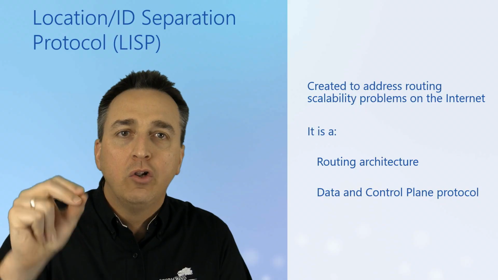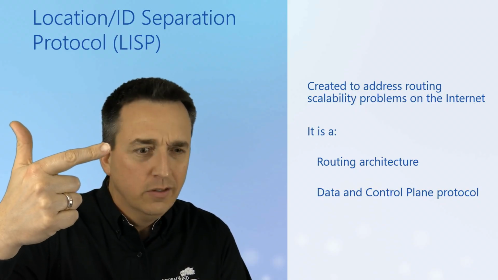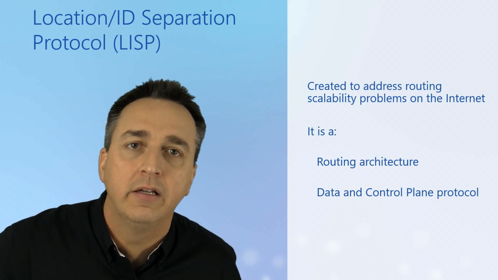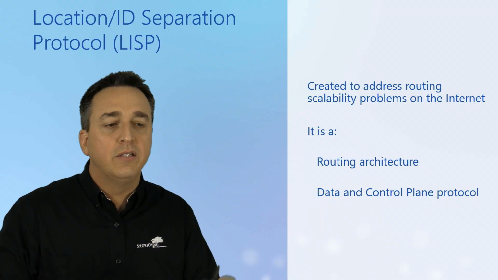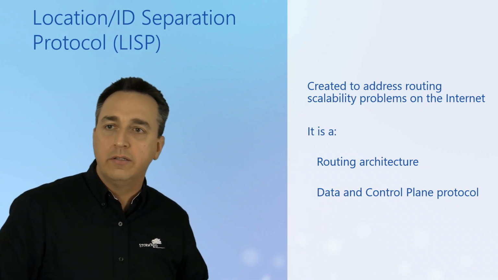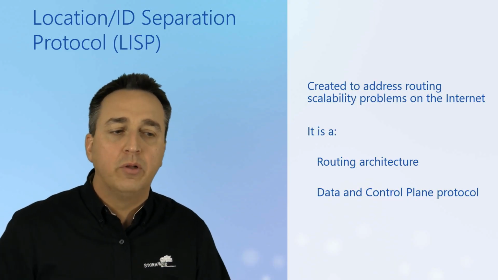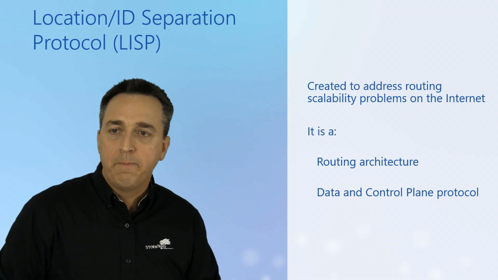Separating locations from identifications. Okay, what does that mean? You're going to learn about that momentarily. But why was it invented? It was invented because of scalability and addressing problems on the internet. That's right. It was to solve internet-related problems related to scalability and addressing.